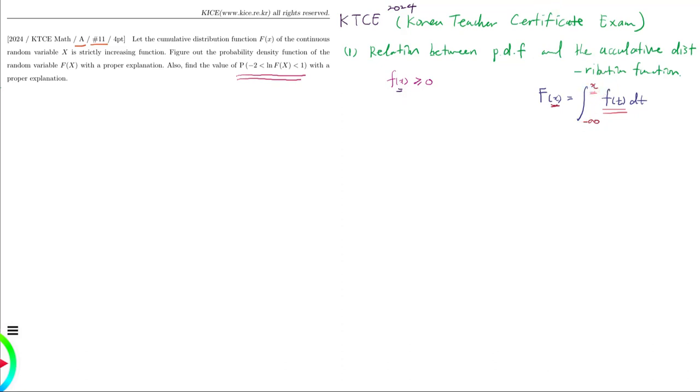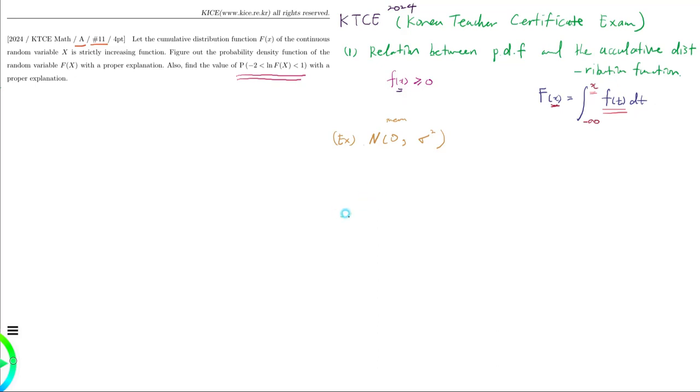So for instance, let me give you a brief relationship between those two. In the case of the normal distribution, let me simplify with mean 0 and some variance sigma squared.